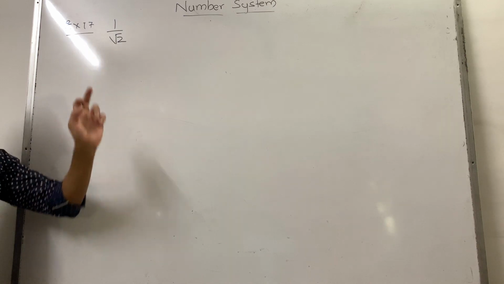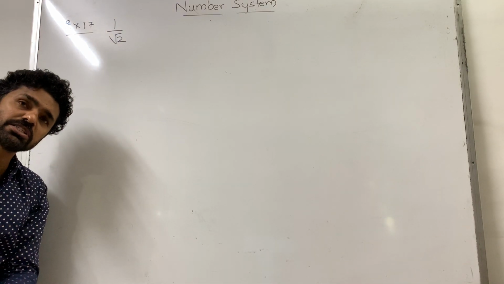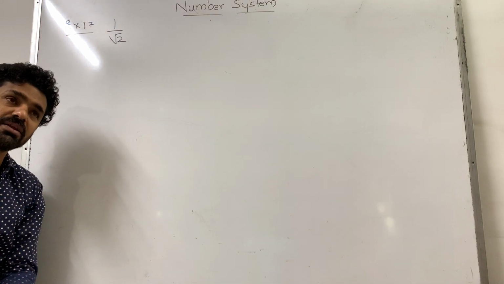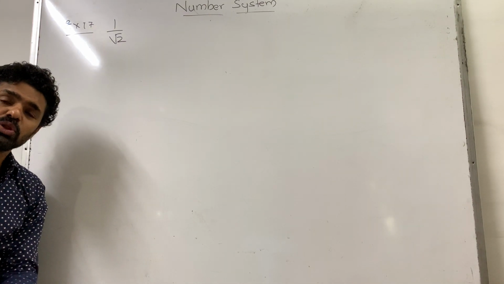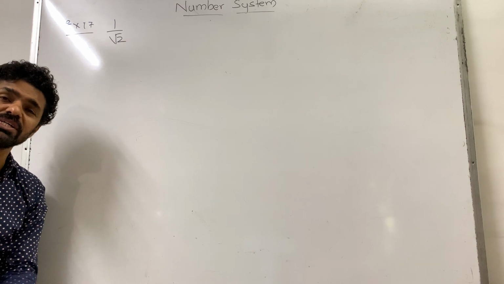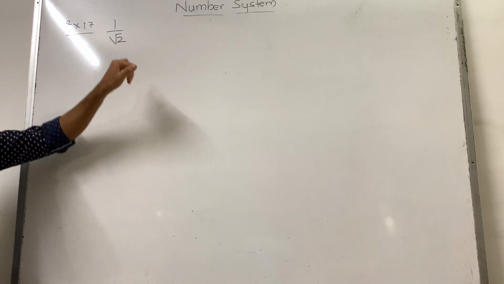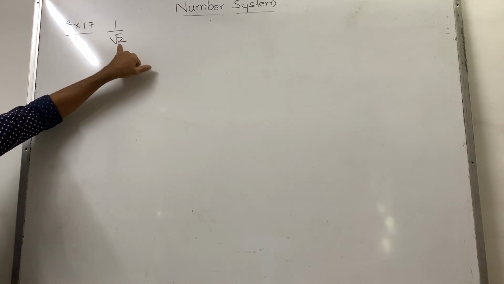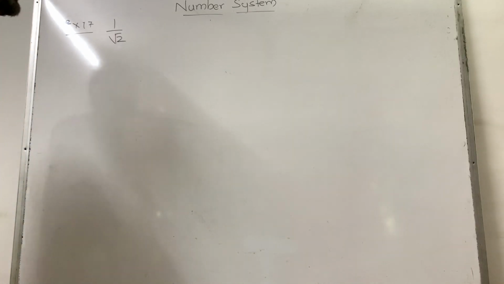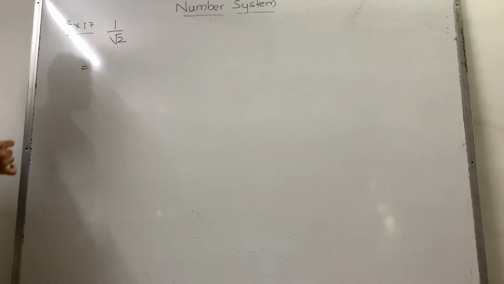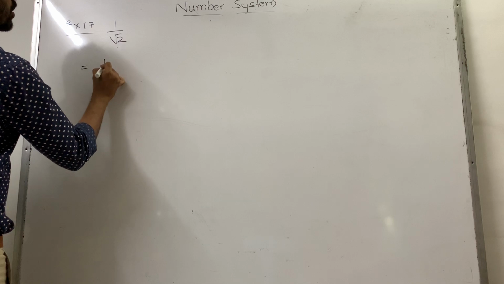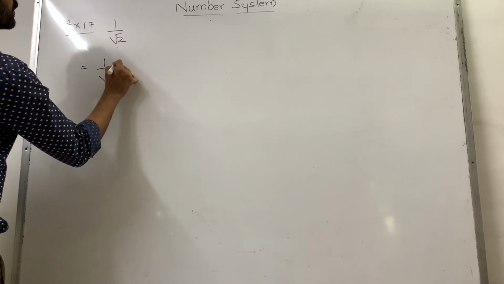So now if you have root 2, which is the smallest factor that you will multiply with root 2 to make it rational? We know root 2 into root 2 is 2. So to make it rational, we have to multiply root 2 to this term. But we know we cannot multiply root 2 only to the denominator.